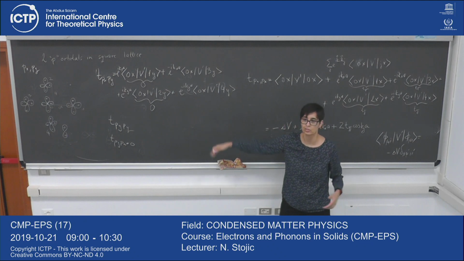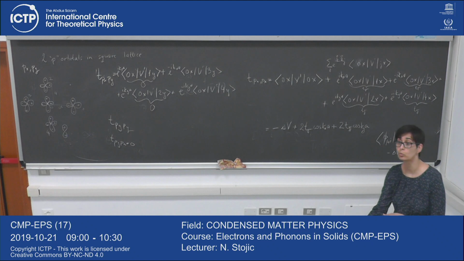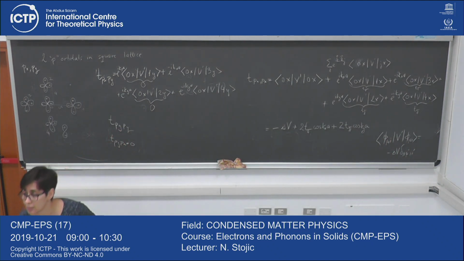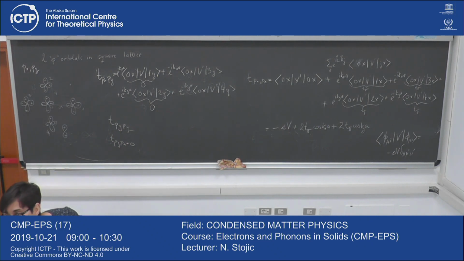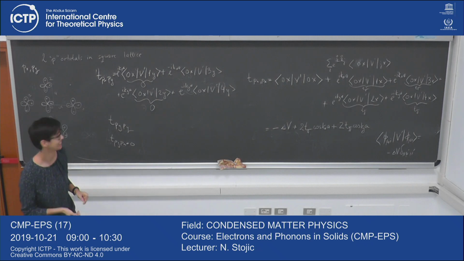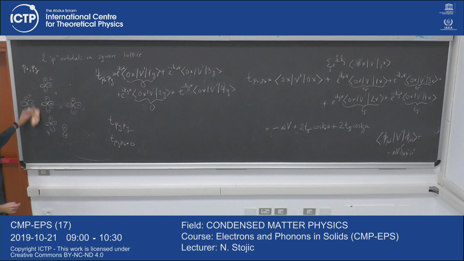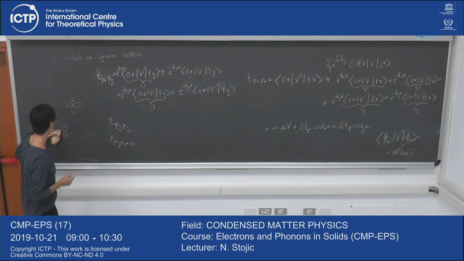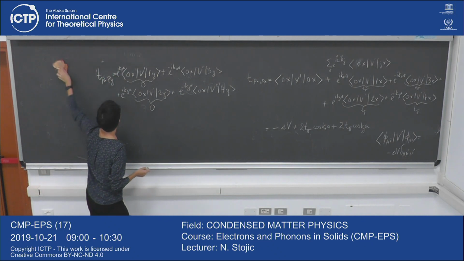I won't finish the whole writing, but I think you understood the case of the two orbitals, no? Any questions? Okay. And now we will do an example, a bit more advanced, but still quite easy, of graphene.